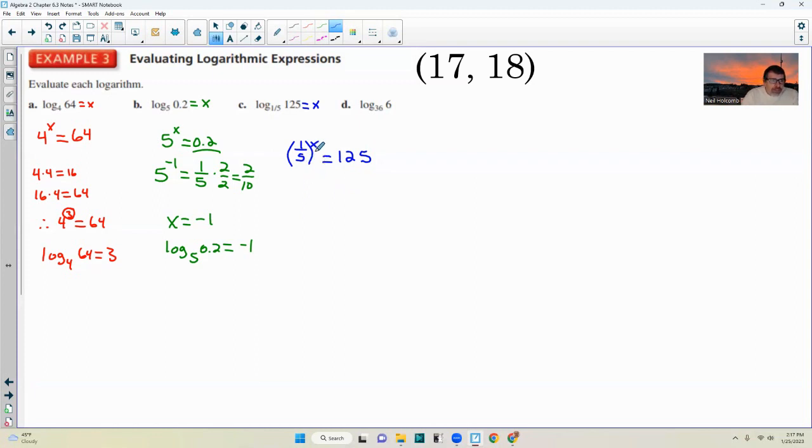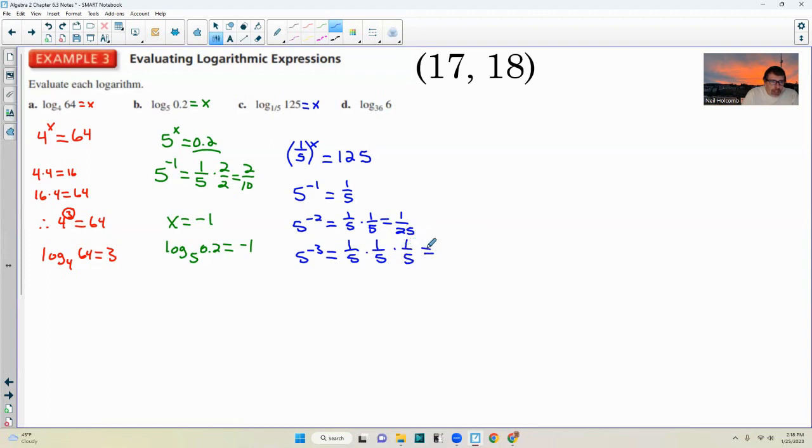So if I think of that as being some 5 to the -1, well, 5 to the -1 is 1/5. And 5 to the -2 is 1/5 times 1/5, which is 1/25. So 5 to the -3 is going to be 1/5 times 1/5 times 1/5.